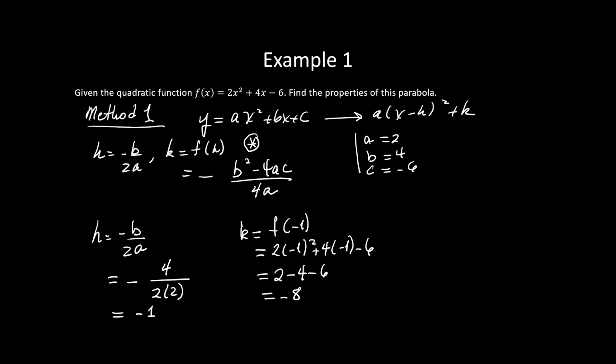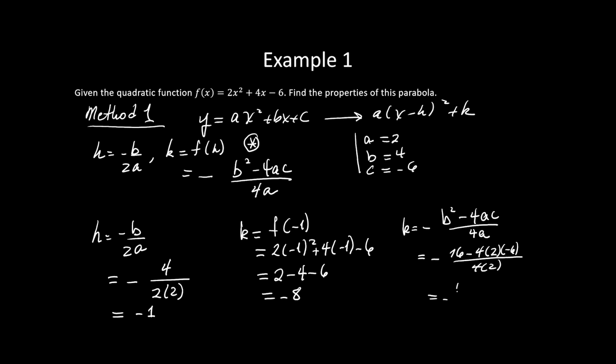Okay? Now you could have done, if you remember this formula, it's the same way. B squared minus 4ac over 4a. B in this case is 4, so that's 16 minus 4, a is 2, c is negative 6, over 4 times 2. Okay?